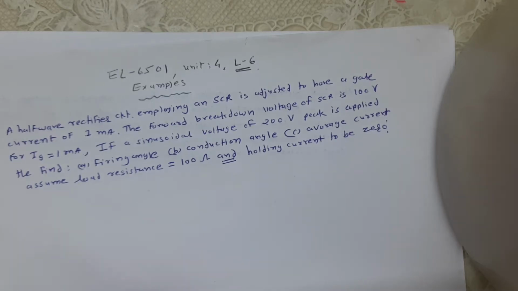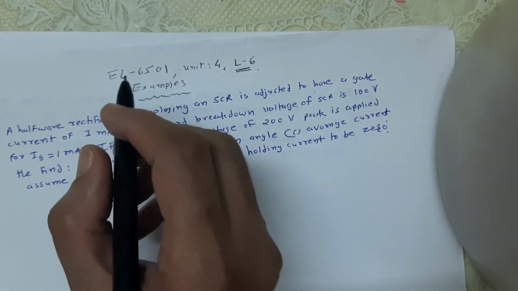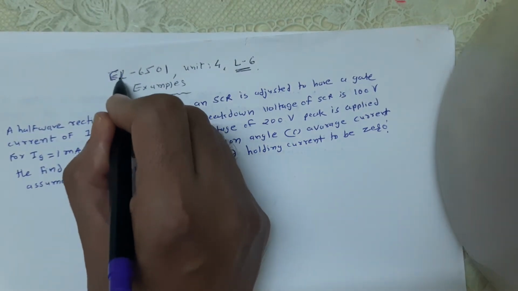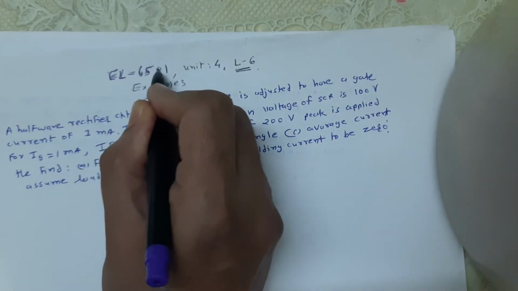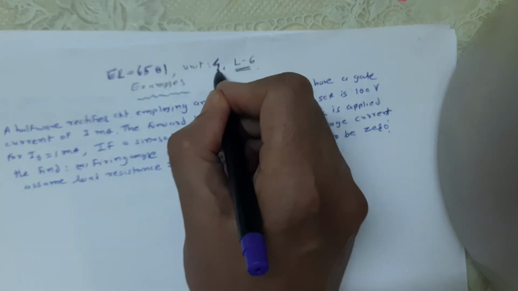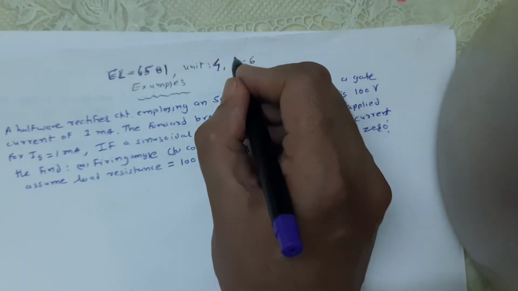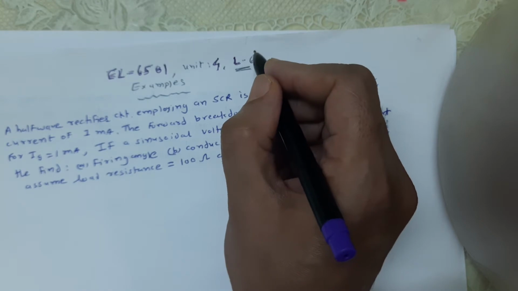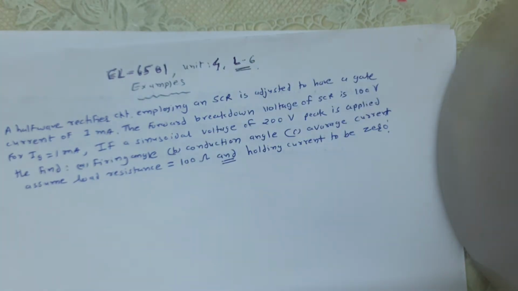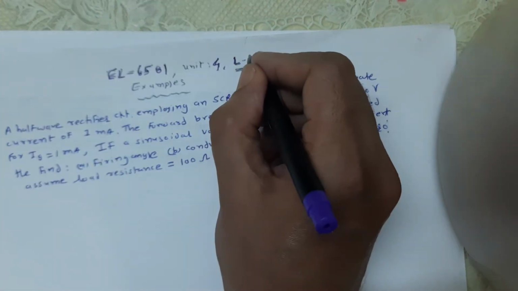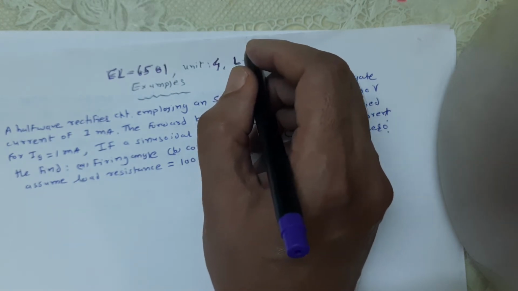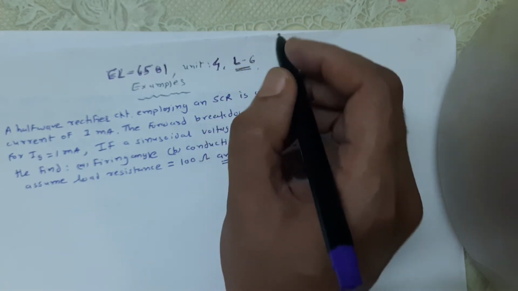Now here the paper is EL 6501, unit is 4, and lecture number is 7 or 6, I don't know. I think it is lecture number 7.